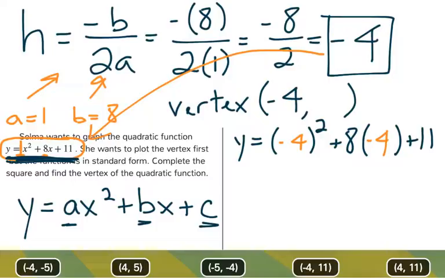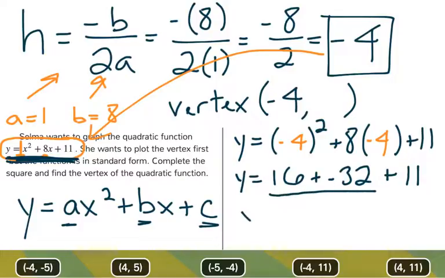Let's go ahead and solve. Y equals negative 4 times negative 4 is positive 16, plus 8 times negative 4 is negative 32, and then plus 11. Let's go ahead and simplify. We have a negative 32 and a positive 16 right here.